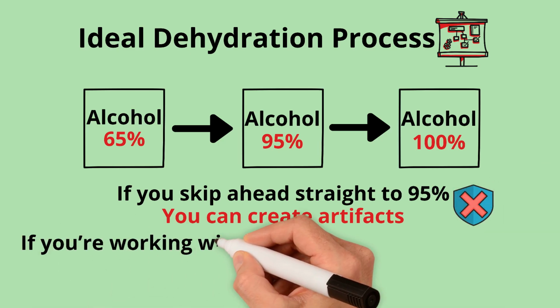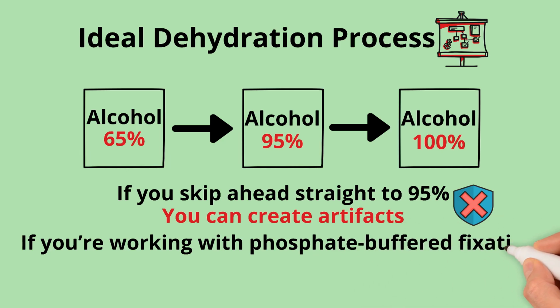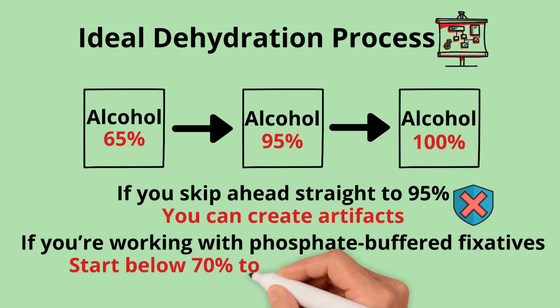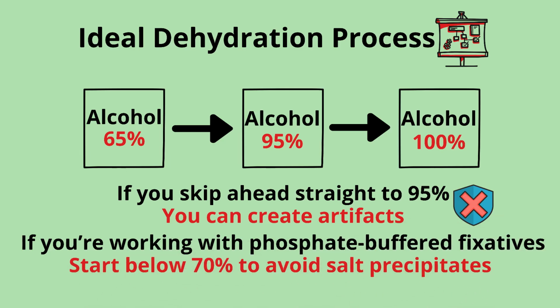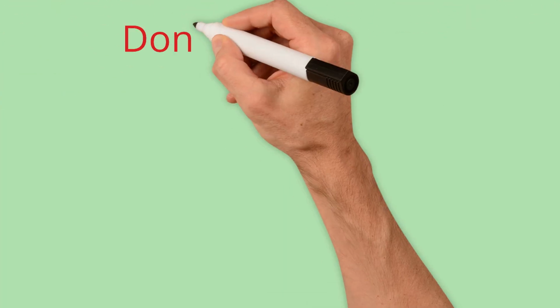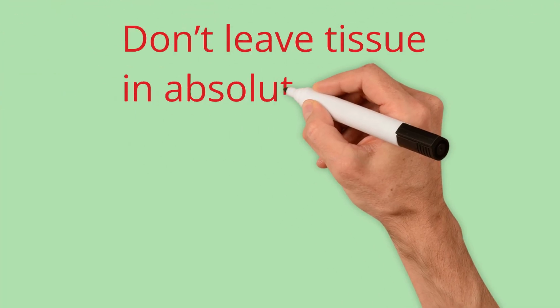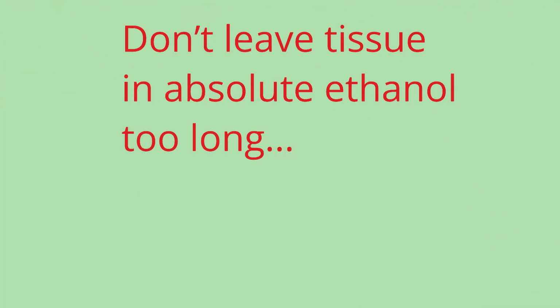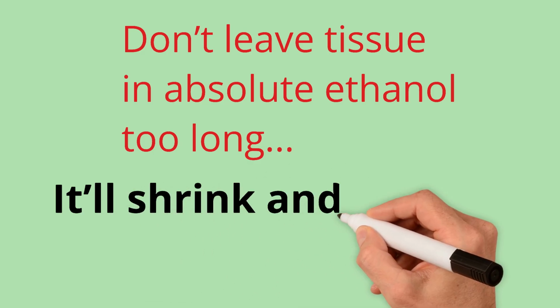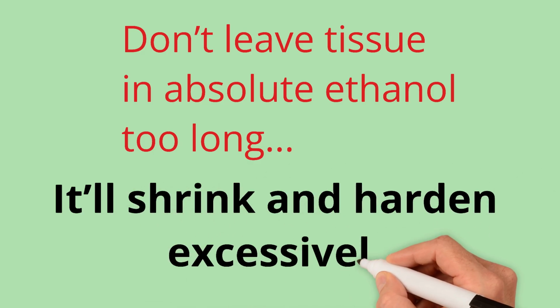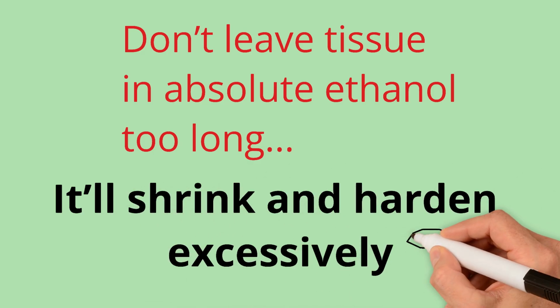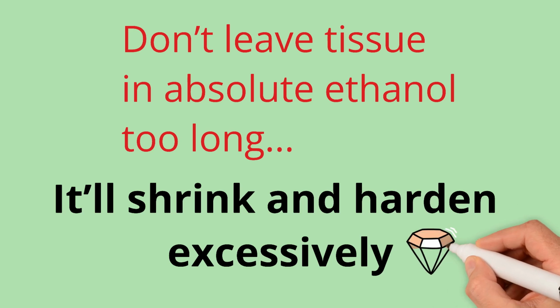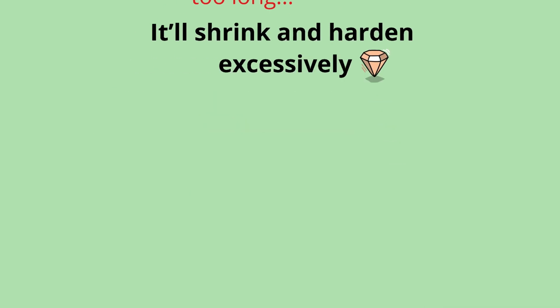And if you're working with phosphate buffer fixative, you should start below 70% to avoid salt precipitates that make sectioning harder. Every laboratory has its own protocols and rules, but this is the basic information. One more thing, don't leave tissue in absolute alcohol too long, or it will shrink and harden excessively.